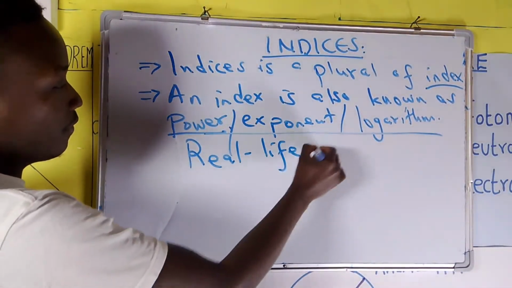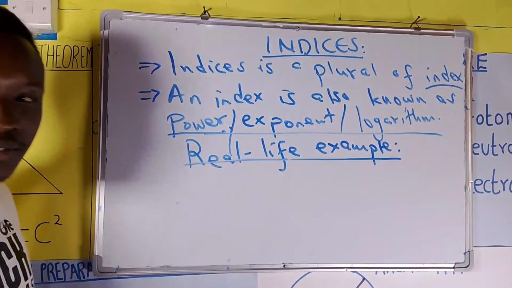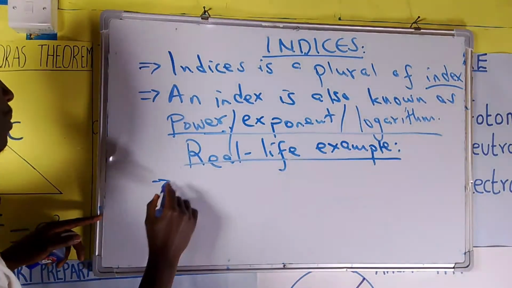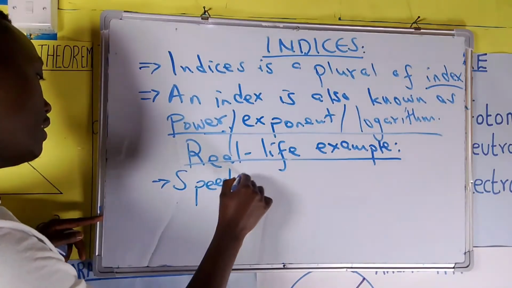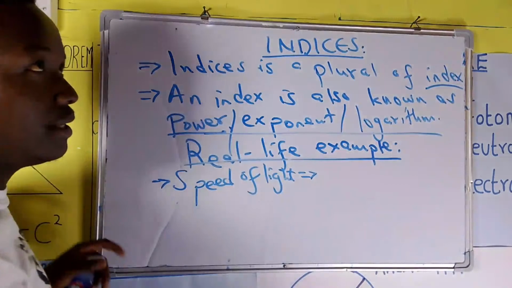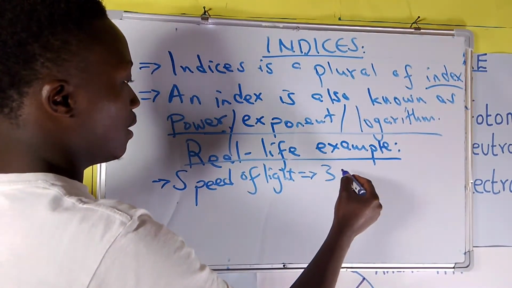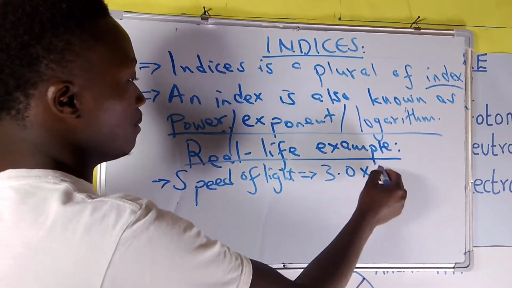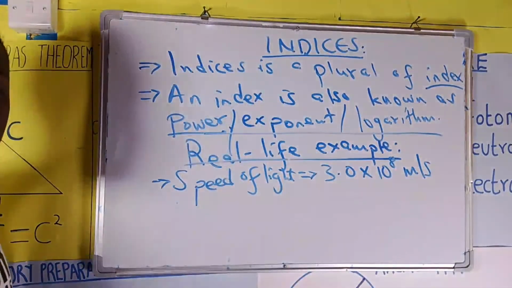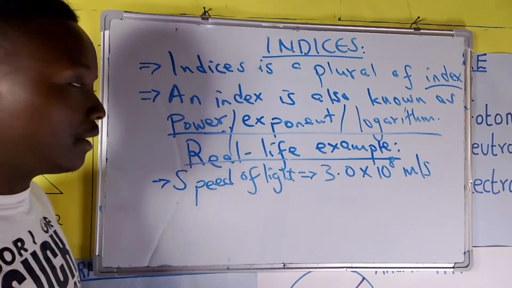In this real life example, for instance, the speed of light is equivalent to 3.0 times 10 to power 8 meters per second.